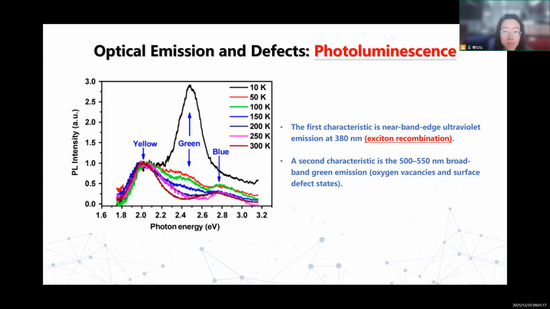About the Raman spectroscopy and these photoluminescence results, we know PL results correlate with Raman spectroscopy: better crystal quality leads to stronger ultraviolet emission, and higher defect concentration enhances green emission.